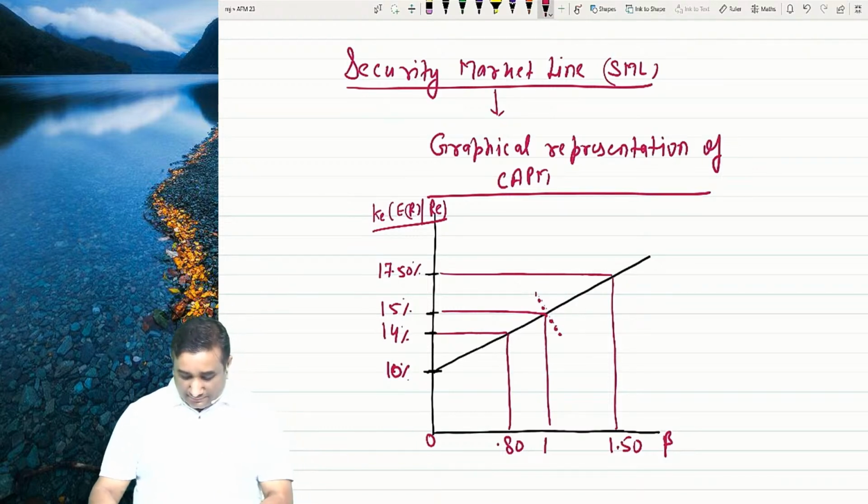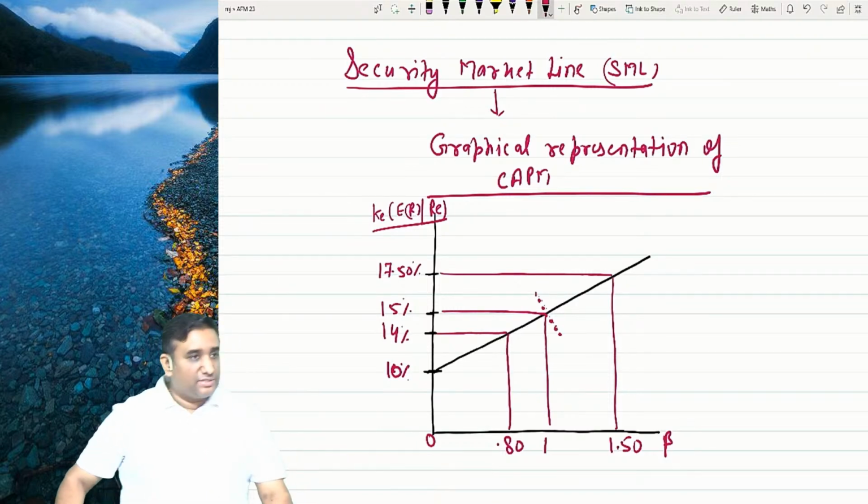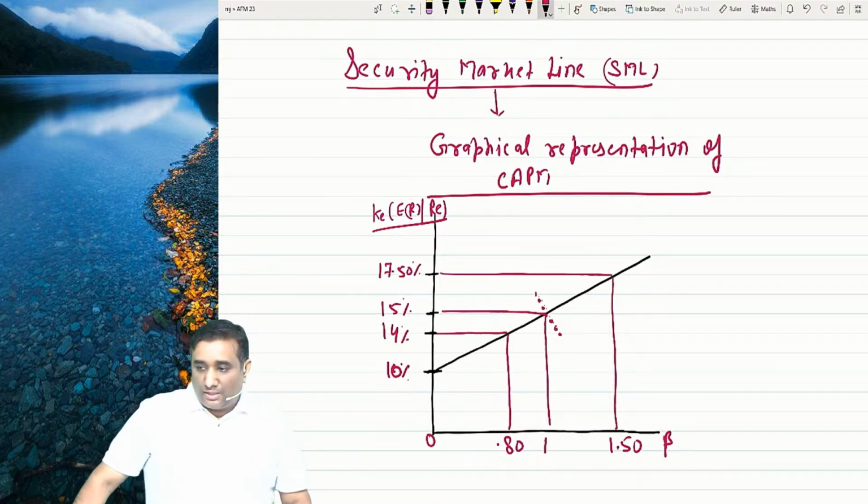You can draw that now, please. Graphical representation of CAPM. I have yet to discuss with you the market. I have not discussed the market. What exactly market means will come soon.